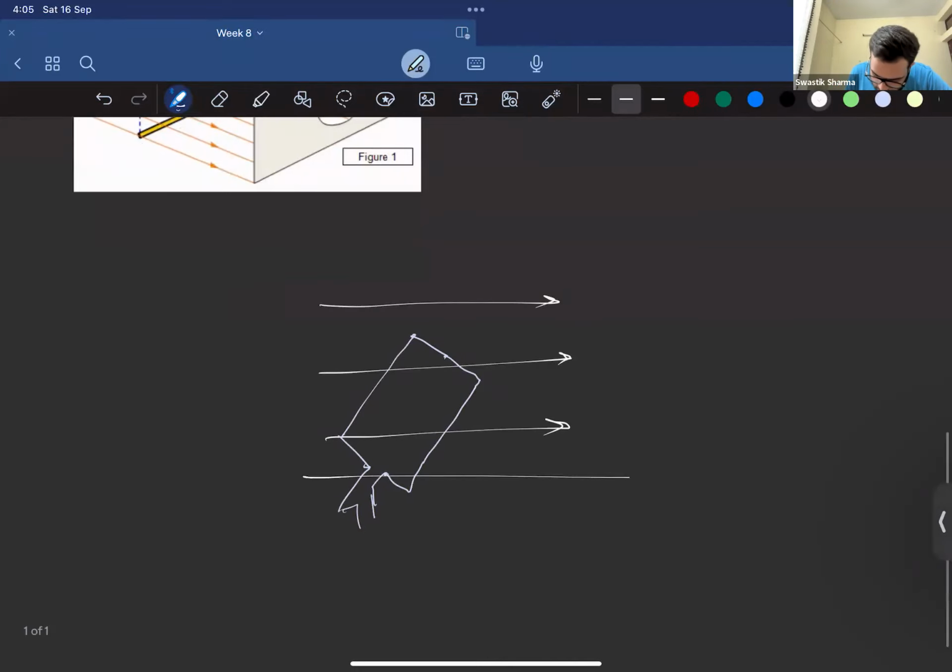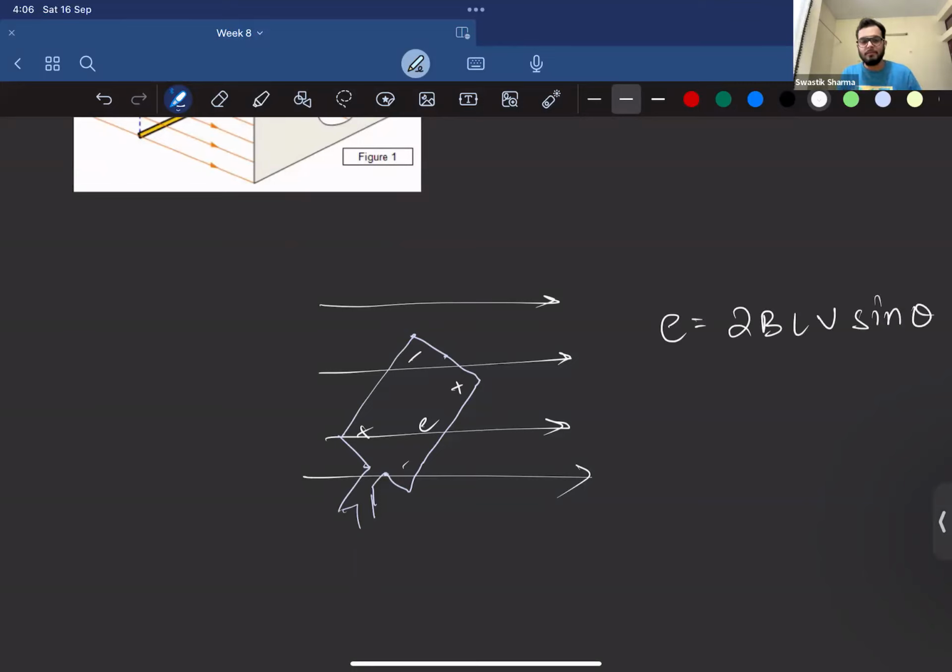It experiences a force, and on both edges of the loop an EMF is produced. So in total, the EMF equals 2BLV sine theta, because it's a loop, not just one single conductor. It is connected across two.